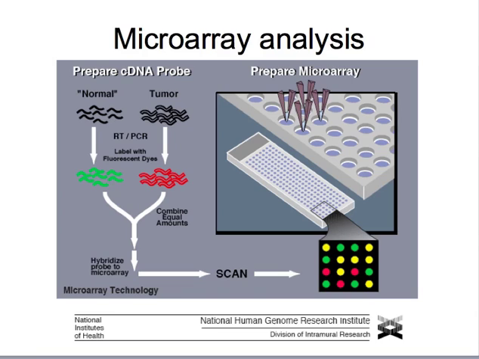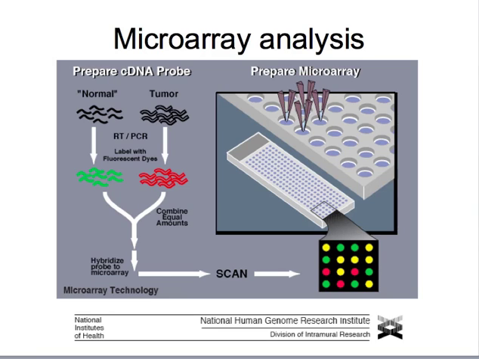This is how you would set up some sort of microarray, particularly if you're doing SAGE and comparing two different tissues together. In this particular example, they're showing us how you could compare gene expression from a normal sample to that from a tumor. The initial first step is to extract the messenger RNA from the cell, and then you use reverse transcription to make it into a DNA.